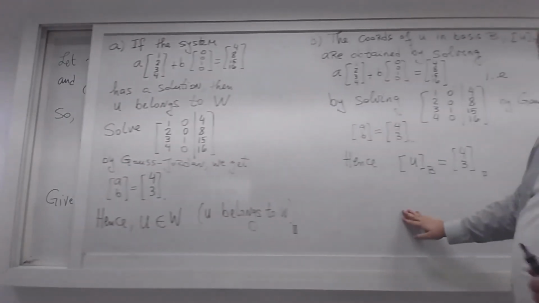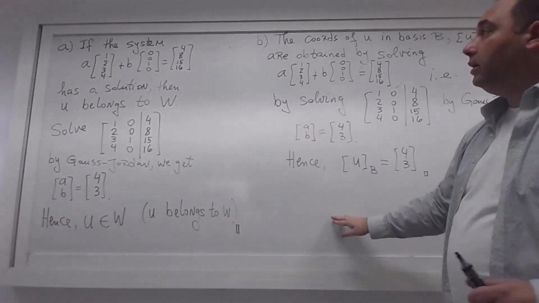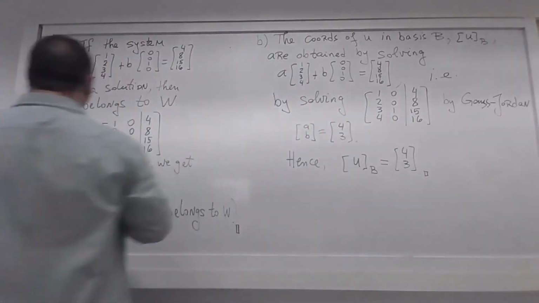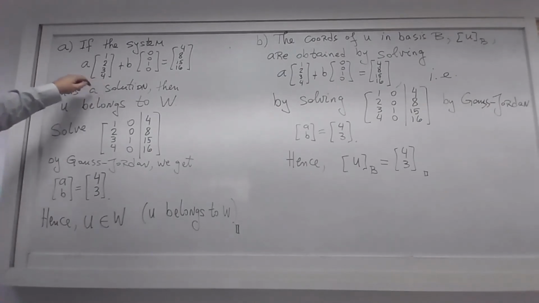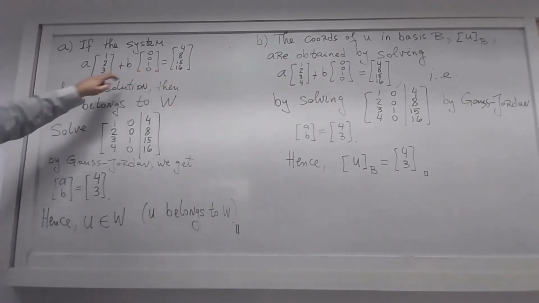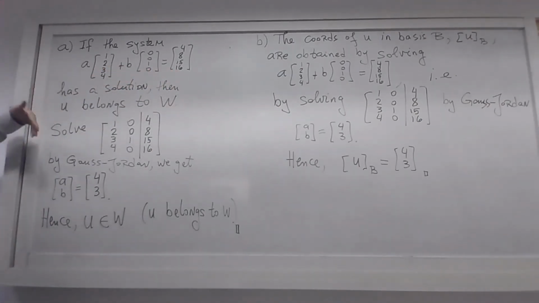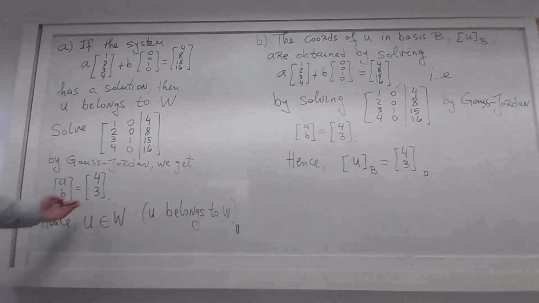So first thing to solve, to see if u belongs to the linear space W, is to solve this equation. Is u a linear combination of basis vectors? So we solve it using Gauss-Jordan, and indeed we have a solution for this. Therefore, u is in the linear space W, so u belongs there.